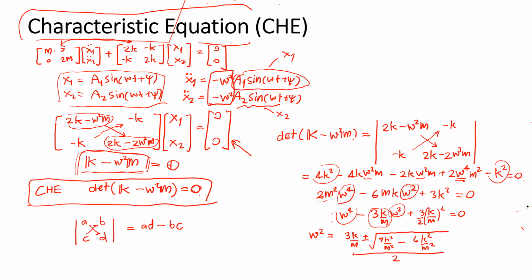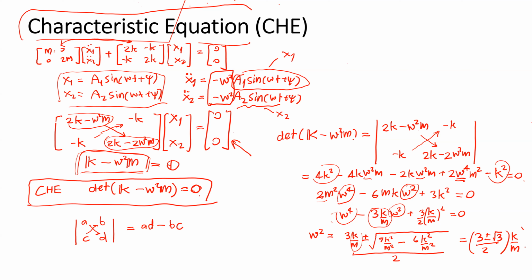So it's equal to omega squared equal to, all the terms have k per m, right? And inside here will be 3 plus or minus square root 3 divided by 2 of k per m.